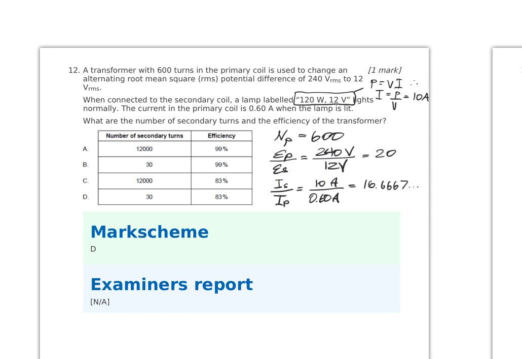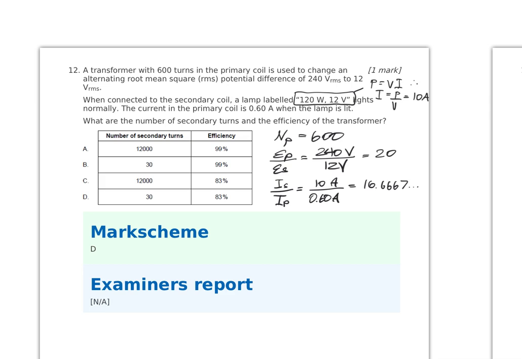It gives us both the primary and secondary voltages, potential differences, or EMFs, whatever, they're calling them the same thing. It doesn't really matter that they're both RMS, it's just a ratio of 240 to 12, so that's a ratio of 20.